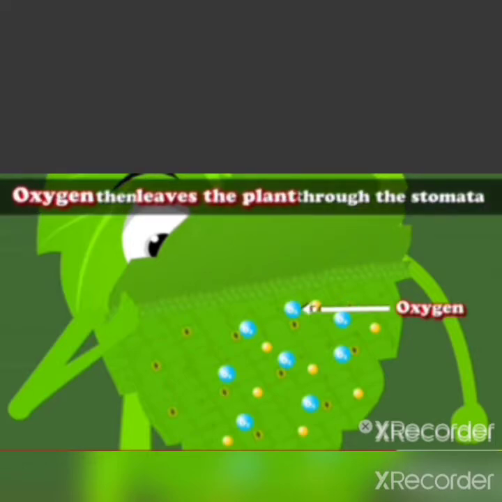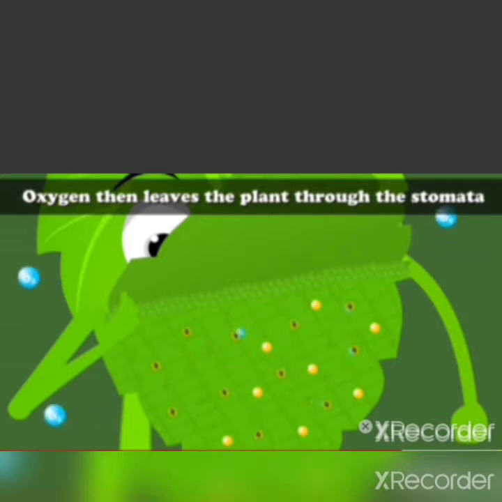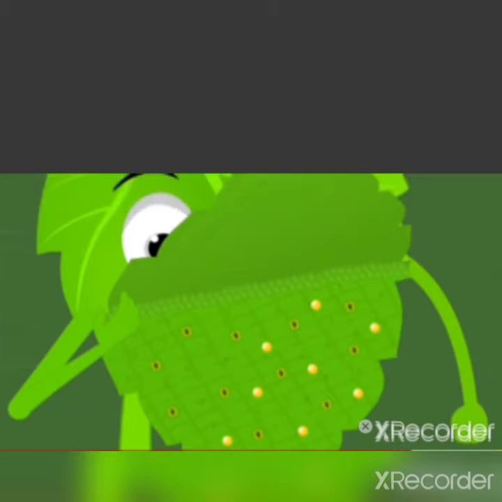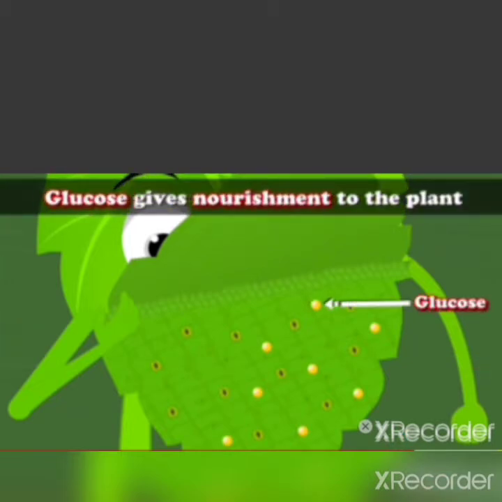Oxygen then leaves the plant through stomata. Glucose gives nourishment to the plant.